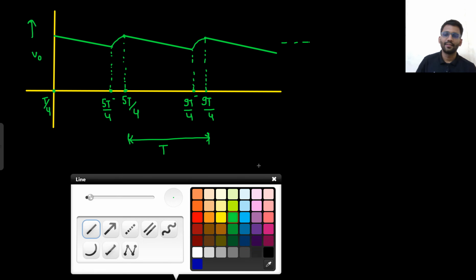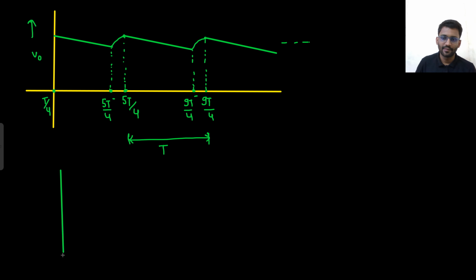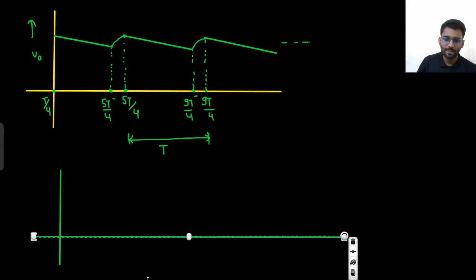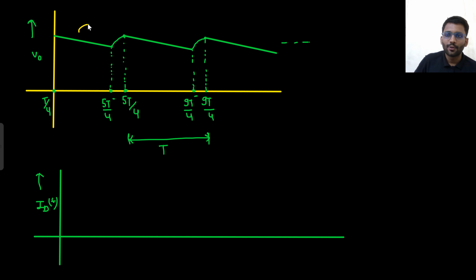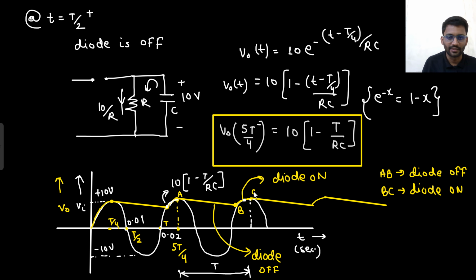Now what about ID(t)? Tell me one thing. In this region, what was happening with the diode? Diode was off because the capacitor was linearly discharging. This was the region where diode was off, right?